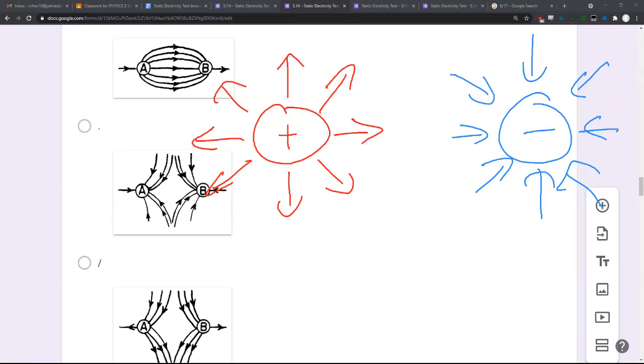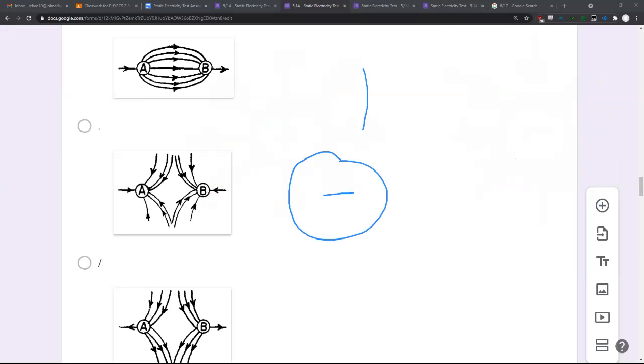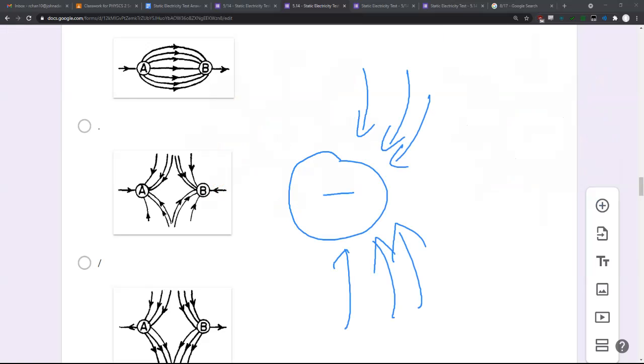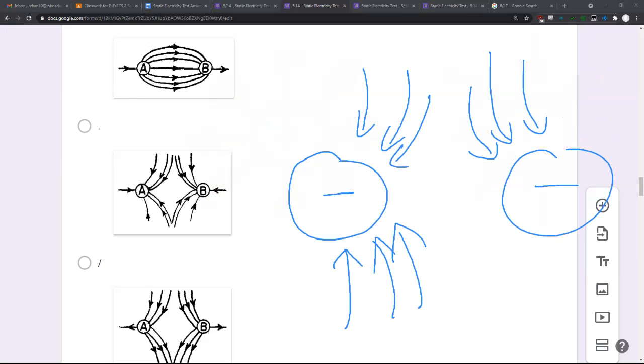Choice 2: you see that the arrows are pointing inward, which means that it's a negative charge. Both of these are negative, because they're repelling each other. And the arrows look fine, they're all pointing in one direction. So choice 2 looks fine as well.